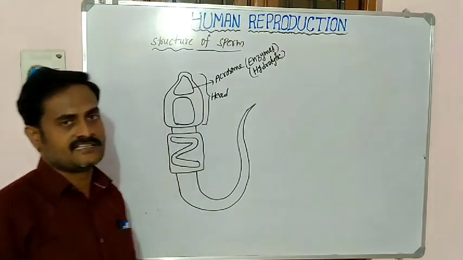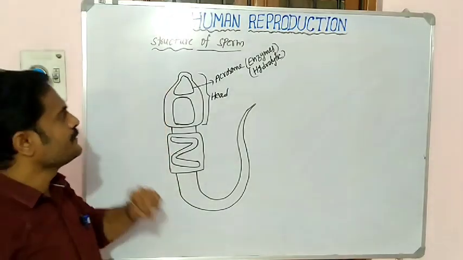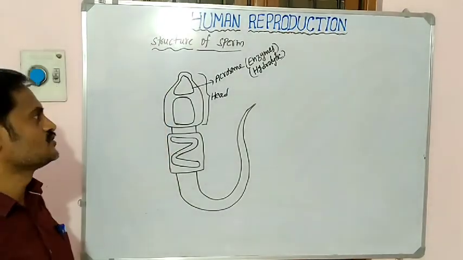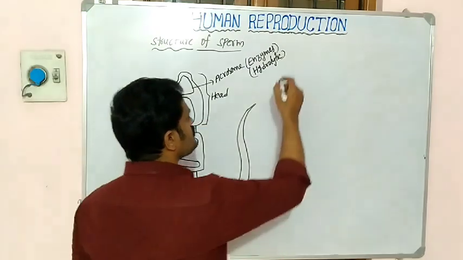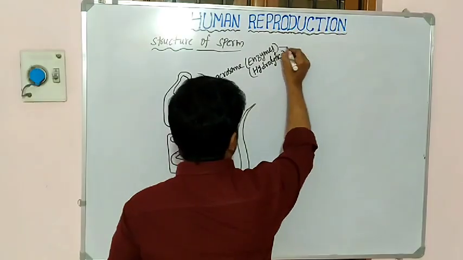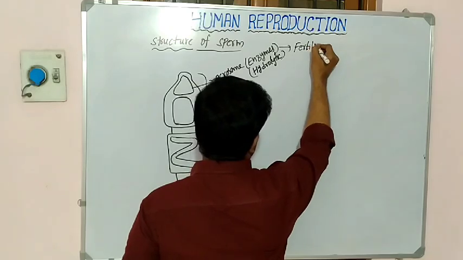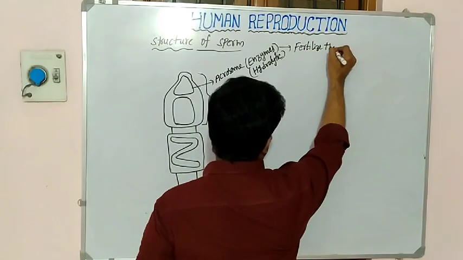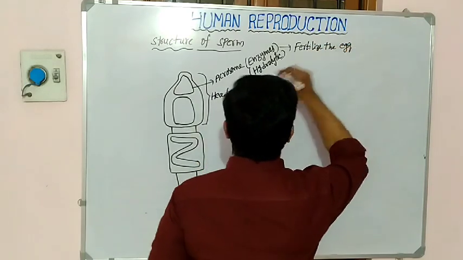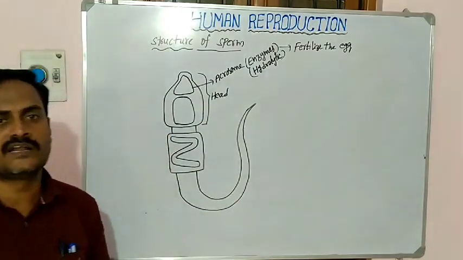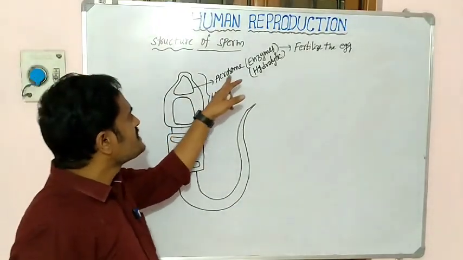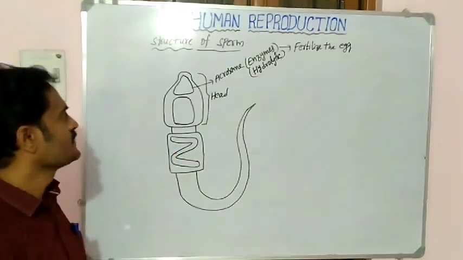The importance of the acrosome is that it helps to fertilize the egg with the help of hydrolytic enzymes. So this is about the acrosome.